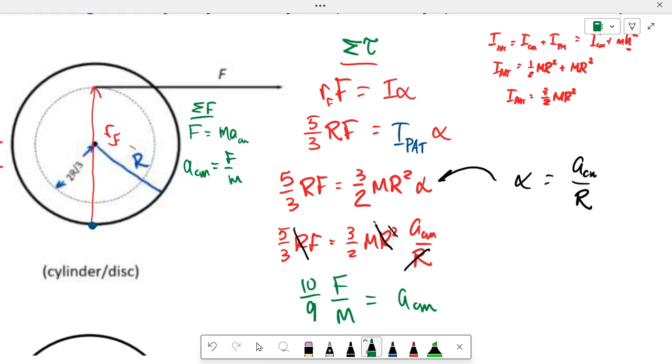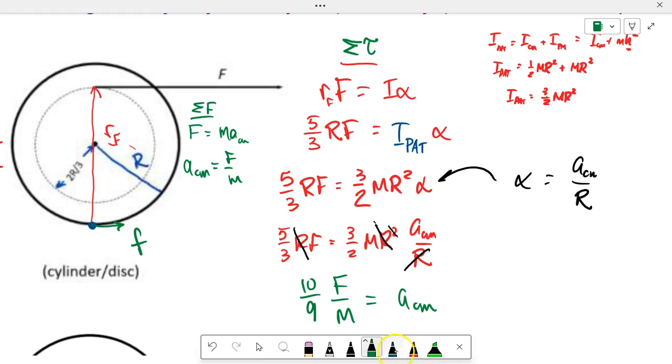But we've got an extra ninth. You dig? Because this thing accelerates faster than simply F over M, there is a friction force acting at the point of contact that must point right to account for the more than F over M acceleration.